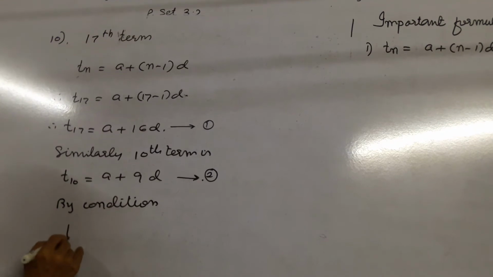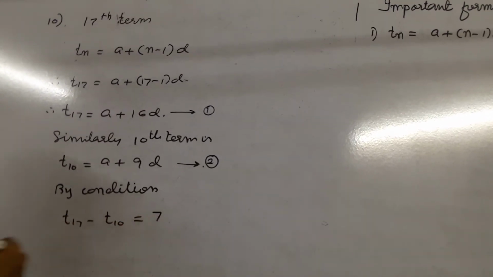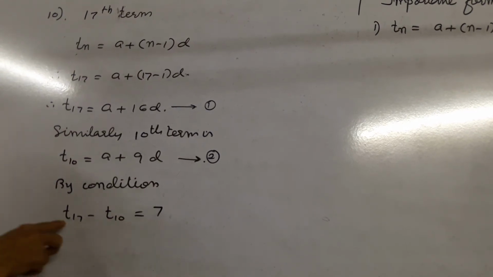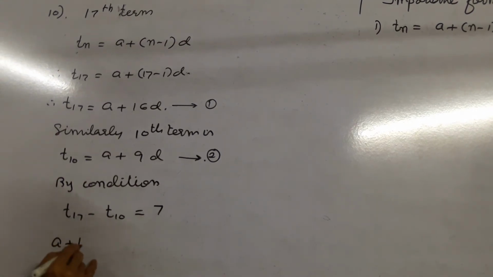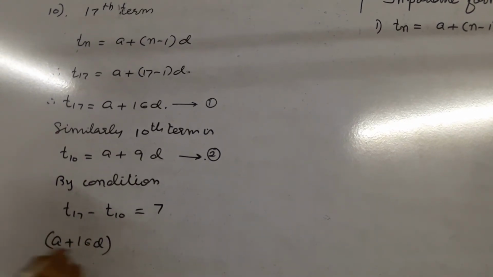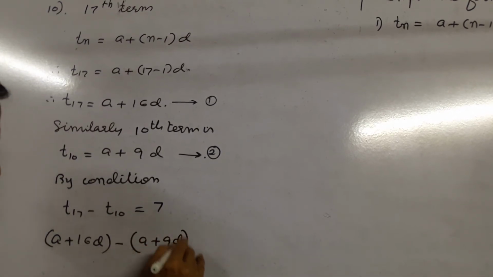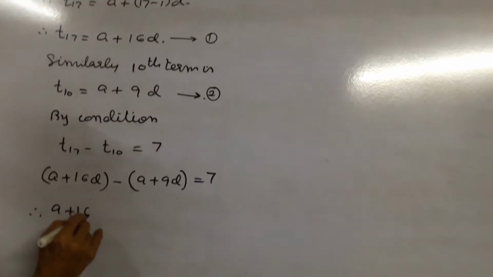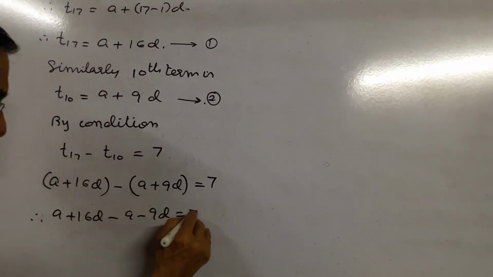Now they given a condition, so by condition, we know that T17 minus T10 is 7, because they given that the 17th term is 7 more than the 10th term. Therefore T17, which is a plus 16d, minus T10, which is a plus 9d, is equal to 7, and therefore we get a plus 16d minus a minus 9d is equal to 7.